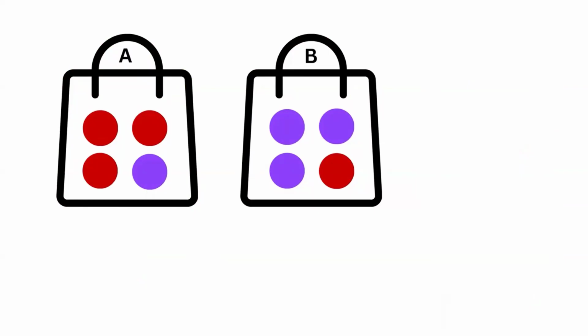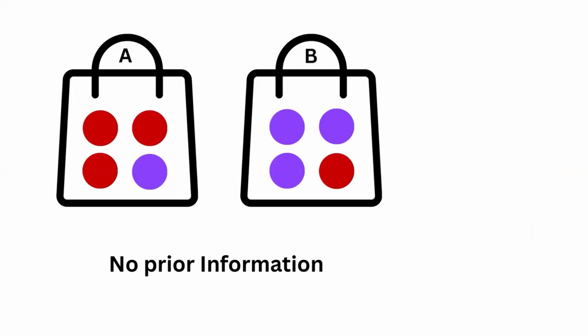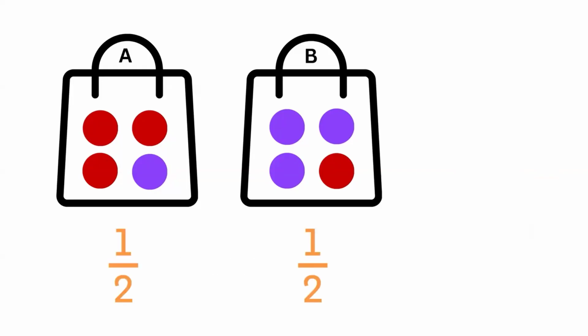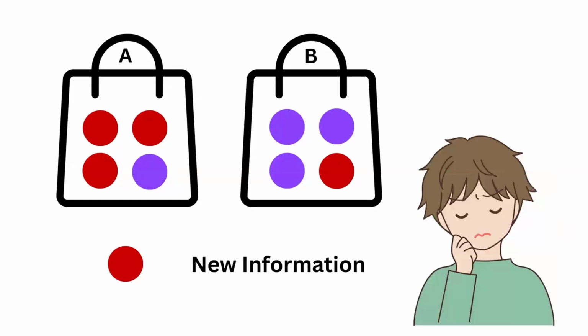See, initially, when there was no outcome, meaning when no ball was selected, we had no prior information about which bag would be picked. So both bag A and bag B were equally likely with a 1 out of 2 chance each. But once we actually saw the outcome, that the ball turned out to be red, we gained new information, and this information makes us update our belief.